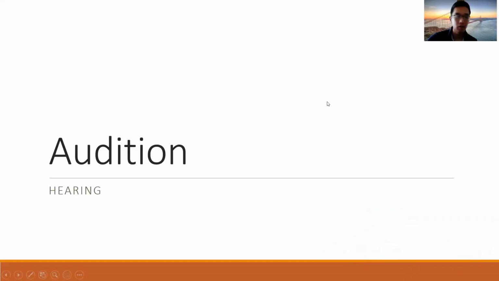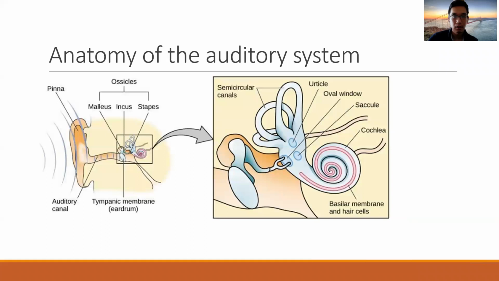And then let's talk about audition, or hearing. Let's look at the structure of the ear. In the picture on the right, you can see the sound waves coming from that direction, from left to right.